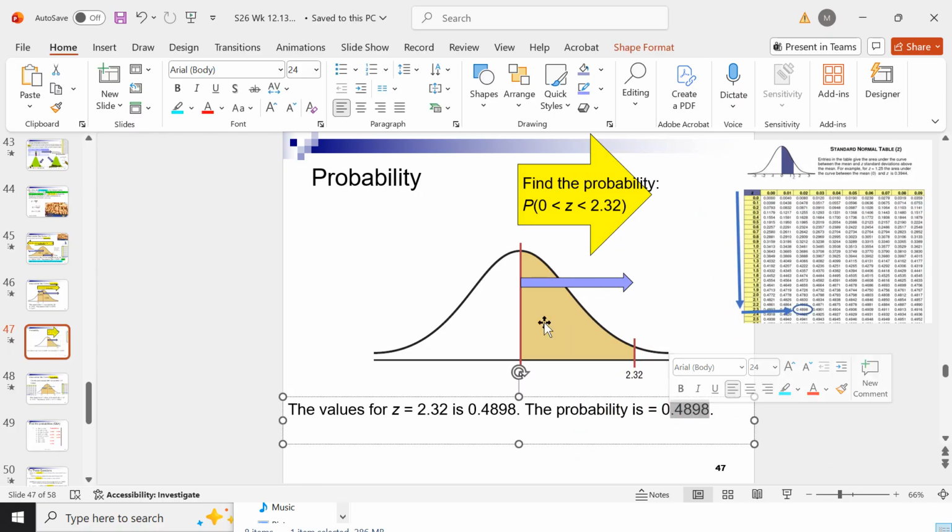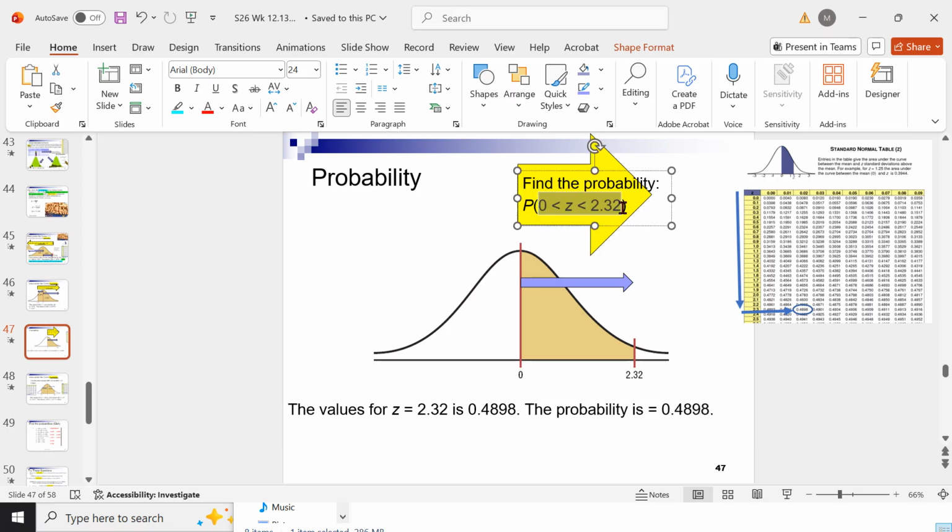So in this case, we're not worried about this 50%. Do not add 50%. We're only interested in specific parameters. Find the probability for here. It has nothing to do with the left side. So we're looking at almost 49% of the data included here, with a Z-score of 2.32.